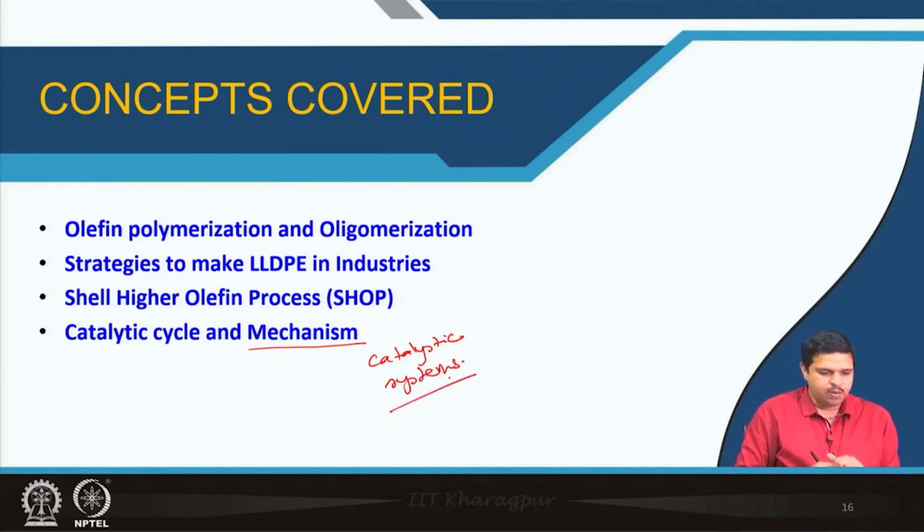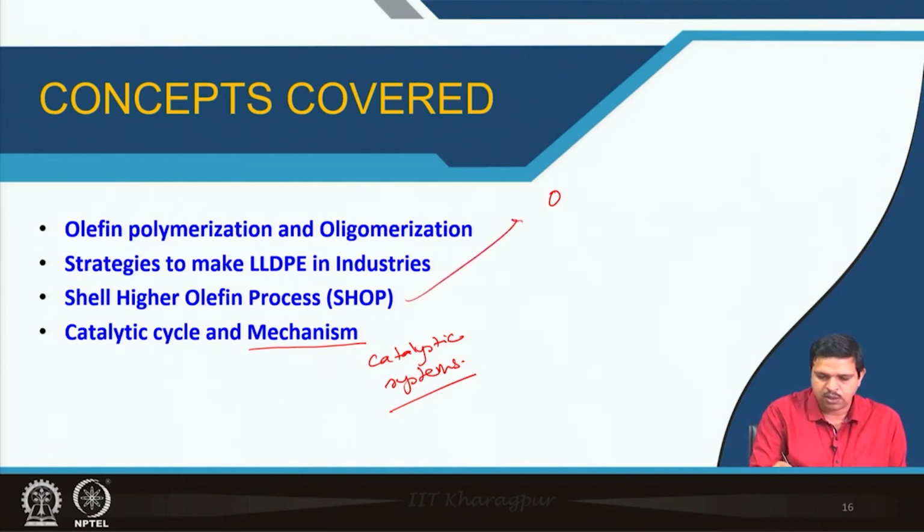So far we have understood that there is a process, the SHOP, the Shell Higher Olefin Process. What are the steps?